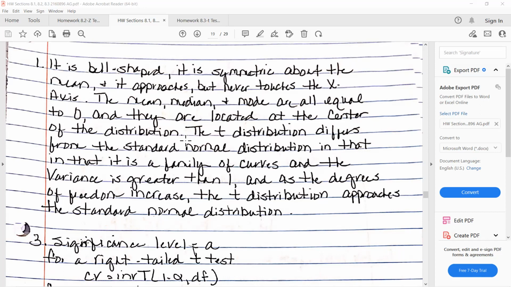As the degrees of freedom increase, so remember, as my sample size increases, the t-distribution approaches the standard normal. We saw in chapters 6 and 7 that the t-distribution can look very skewed for small dfs. Okay, that's the first question.